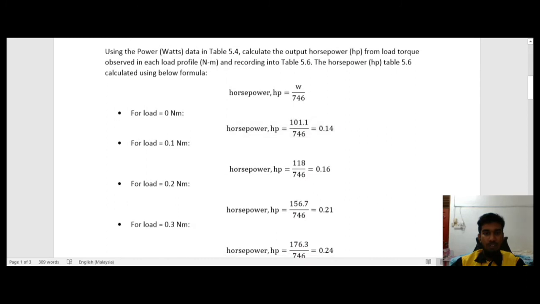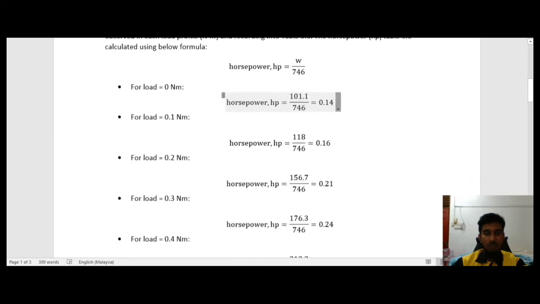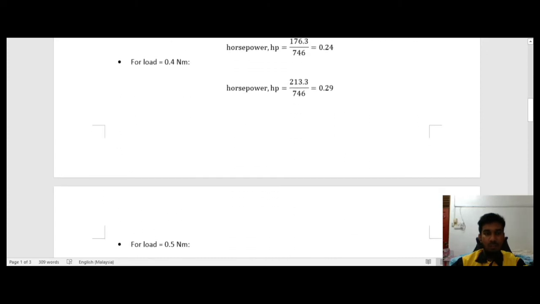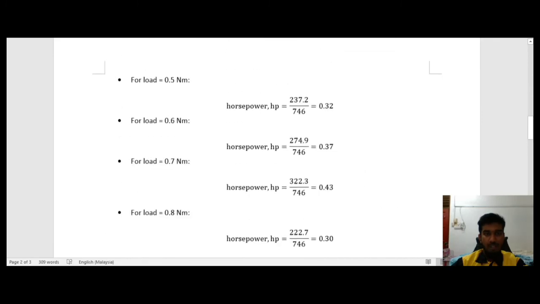For a load torque of 0 Newton meter, we get 0.14 horsepower, which is for 101.1 watt. This calculation applies for load torque of 0 to 0.8 Nm.